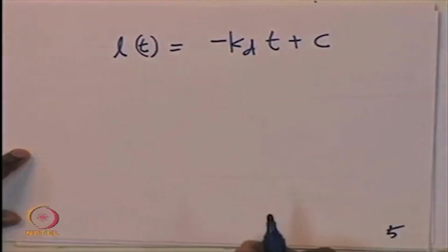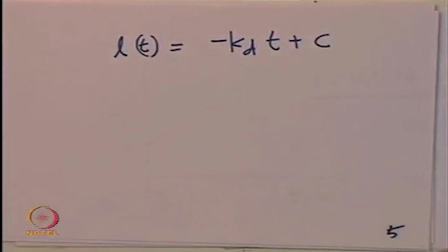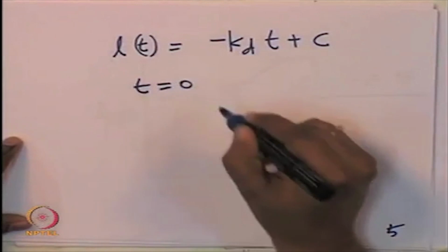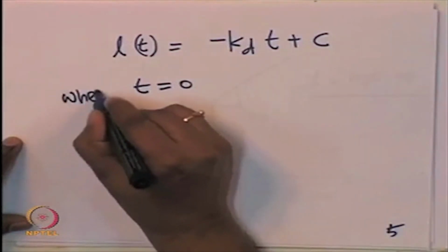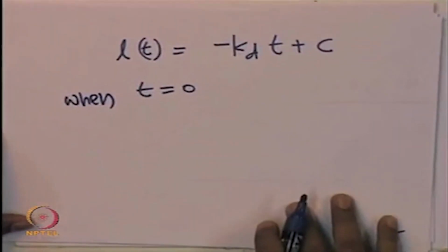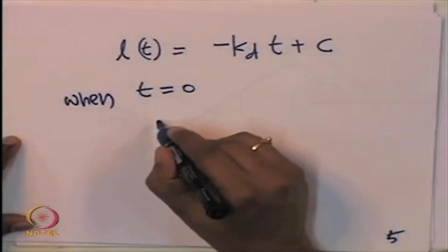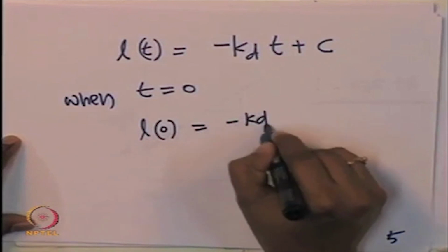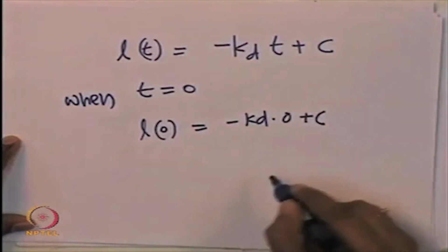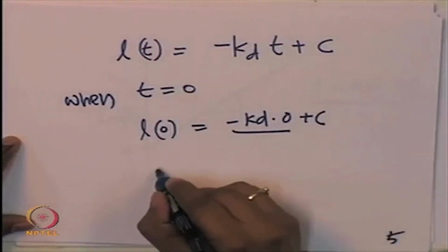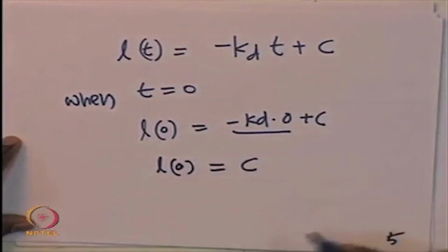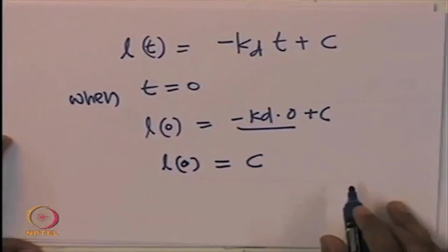Just like we had in the previous case, when t is equal to 0, we have L of 0 equal to minus Kd into 0 plus c. This is 0, so L at 0 is equal to c. So, c is again the initial length.